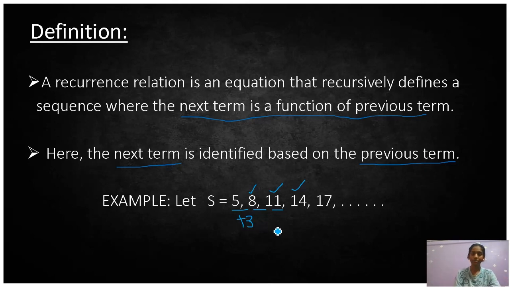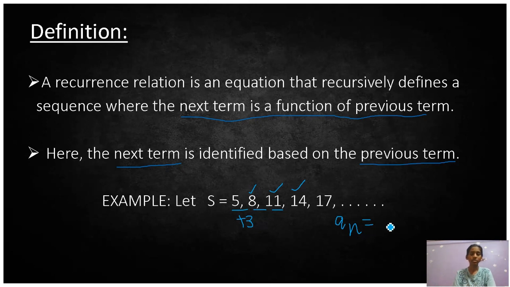That means we are adding 3 to 5 and we are getting 8, and we are adding 3 to 8, we are getting 11. So what conclusion can we draw from this? We can write a recurrence relation in this way. Let us take an as the next term. By adding 3 to the previous term, we get the next term.